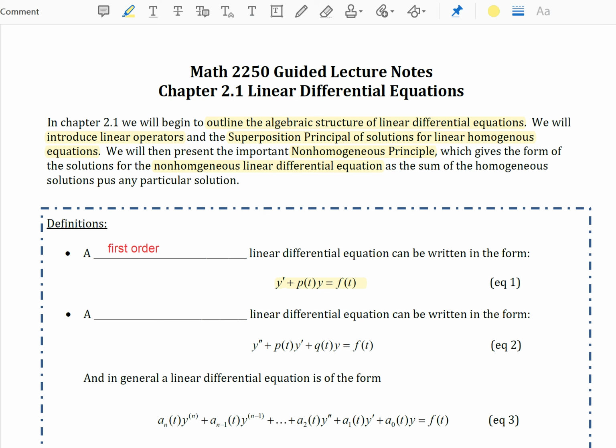And what I want you to see in this equation is the form where we have put all of the terms containing the variable y on the left-hand side. And then the right-hand side will be terms that do not contain the variable y.